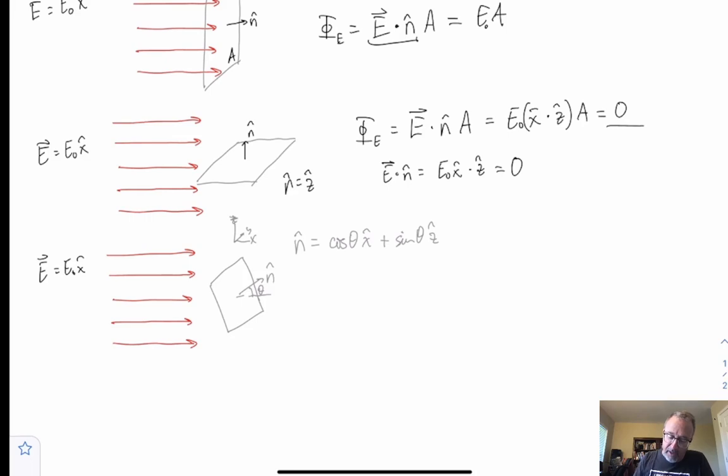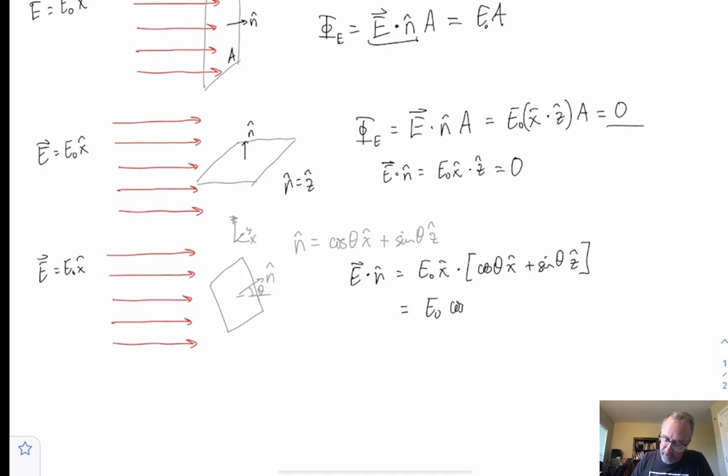So E dot n hat would be E0 x hat dotted into cosine theta x hat plus sine theta z hat. That would be E0 cosine theta x hat dot x hat plus E0 sine theta x hat dot z hat.